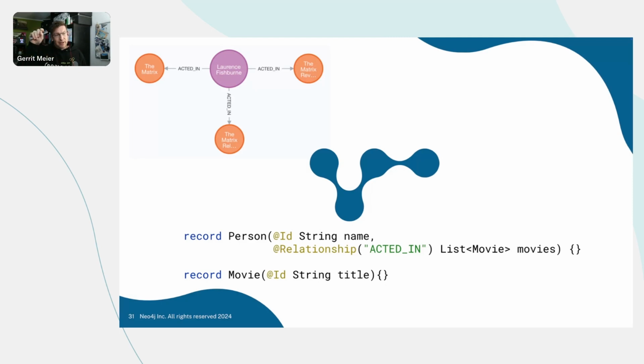And at the end of this relationship, we expect a list of 0 to n movies that also should be mapped. And so we define the second record here, where we say, okay, also movie titles are unique. Why not? And that's the only property we will now map from the movie example. And if we have this, we already mapped our whole domain exhaustively.